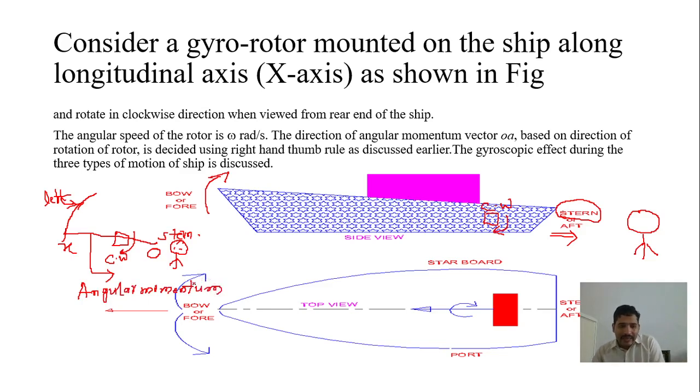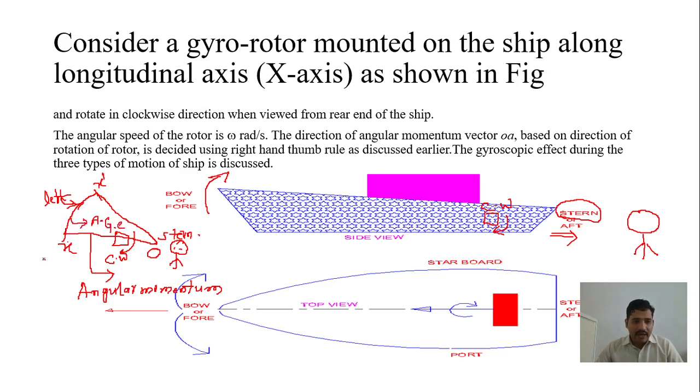When the ship takes the left turn, there is a change of angular momentum, represented by X dash, from OX to OX dash. So X to X dash we can say is the active gyroscopic couple.